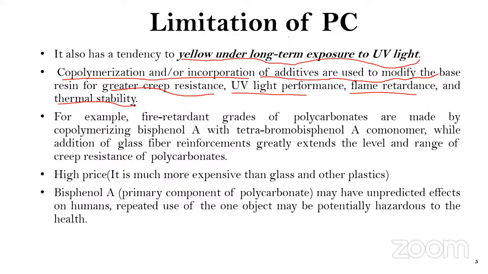When I started my lecture, I told you every polymer has certain advantages but certain disadvantages also. To overcome those disadvantages, because they have very excellent properties, and those properties are going to help us for our own application needs. But we know that polymers have certain disadvantages.